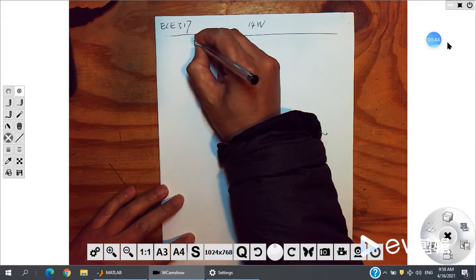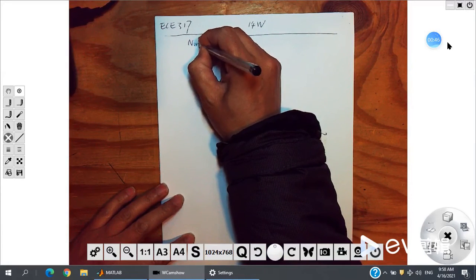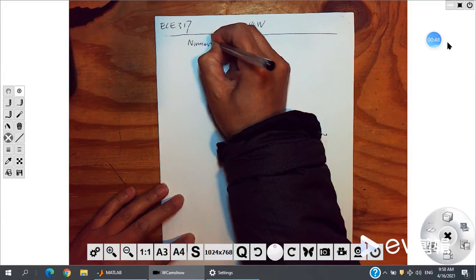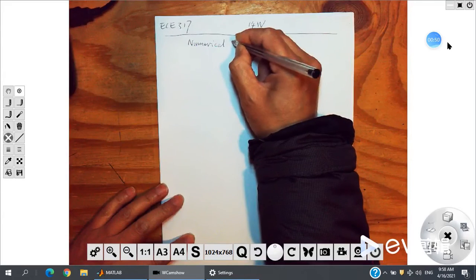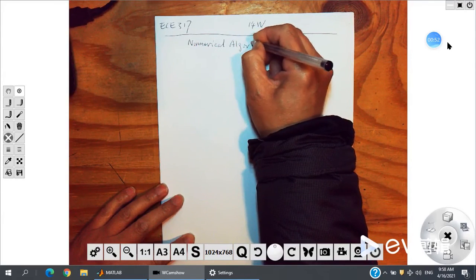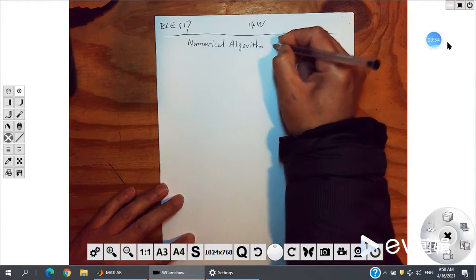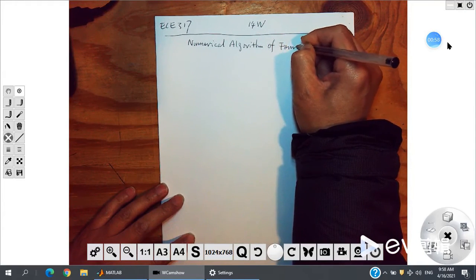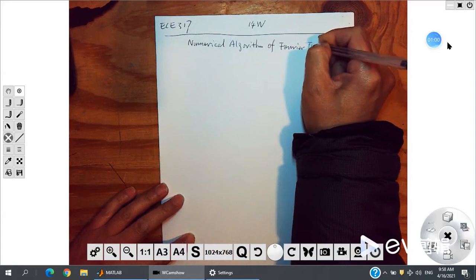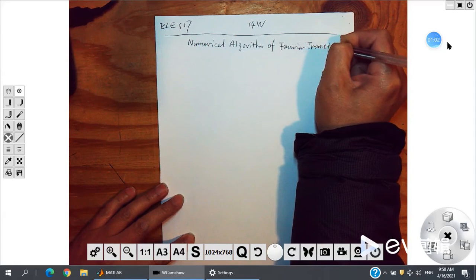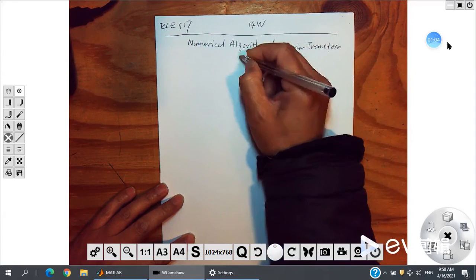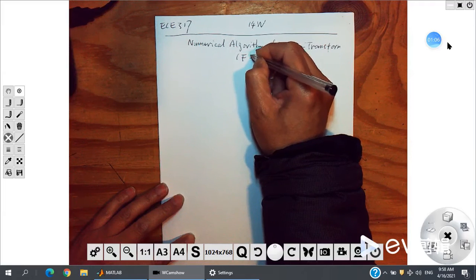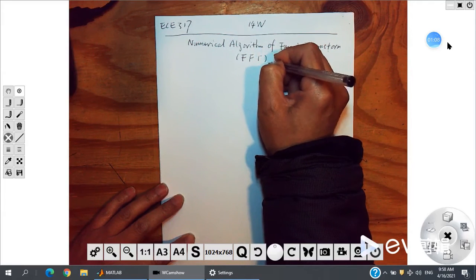Consider the numerical Fourier transform. Actually, we call it the fast Fourier transform, FFT algorithm.